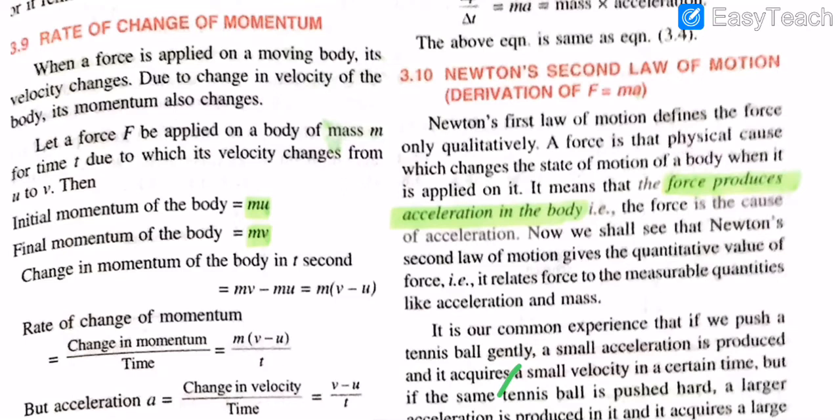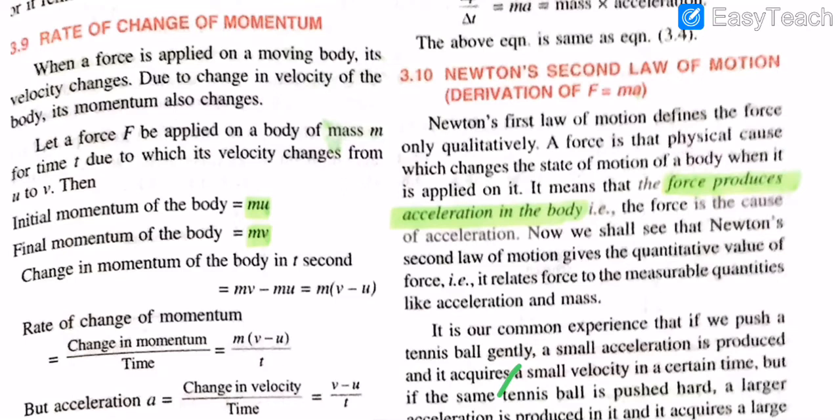Okay, so the rate of change in momentum would be mv minus mu, which would be equal to change in momentum by time, which would be equal to m into (v minus u) by t. So that's mass and velocity, makes sense as well, and that will be the change in momentum. But (v minus u) by t is just acceleration, because change in velocity by time equals acceleration, as all of you have already studied in chapter number 2.